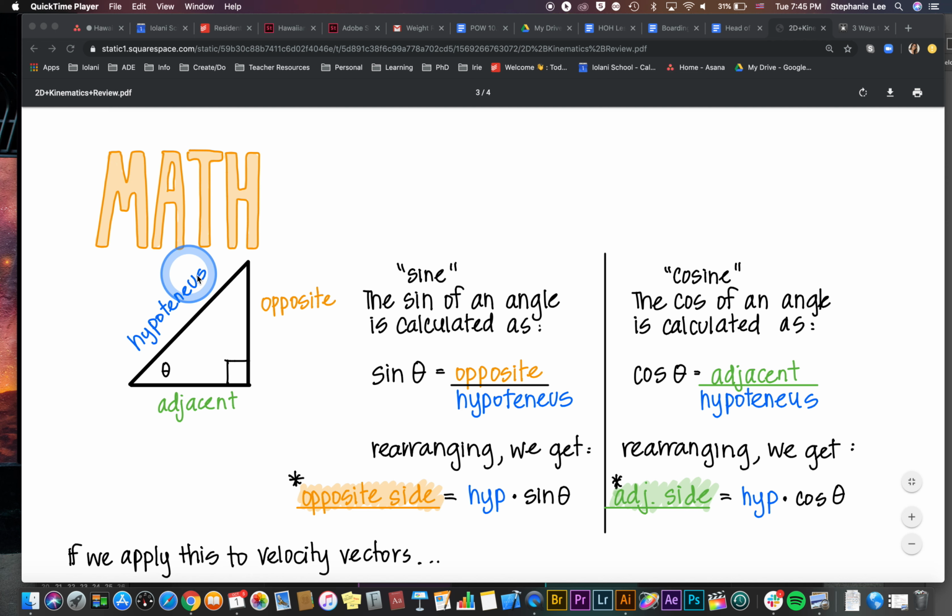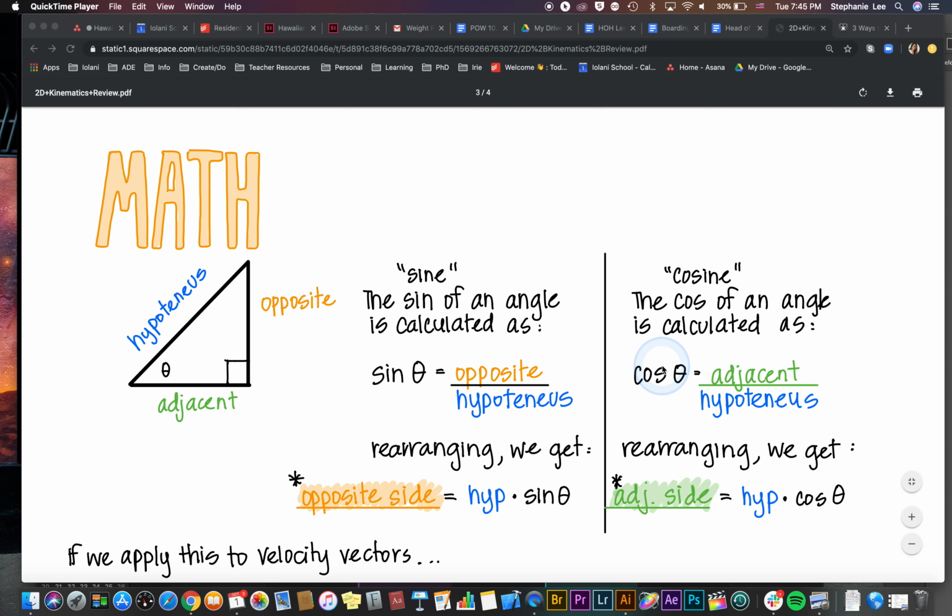And yes, I know that this is spelled incorrectly. The sine of an angle is a function, and that can be calculated with the angle theta. We're calling this angle theta, that's the Greek letter theta, and when you take the sine of that angle, that quantity sine theta is equal to the ratio of the opposite side over the hypotenuse.